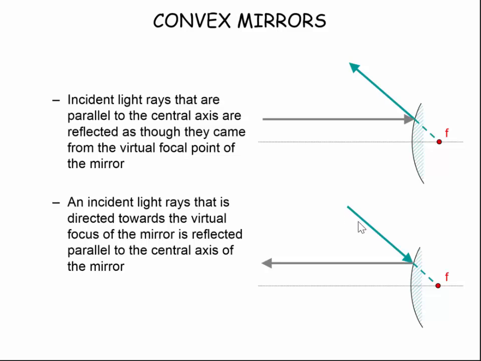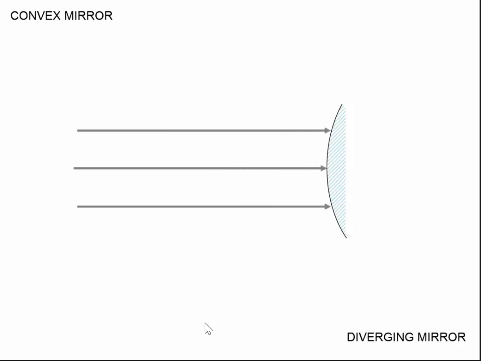Conversely, if your ray is heading towards your virtual focus, then it reflects parallel to the central axis. A convex mirror is also known as a diverging mirror. So if you get rays which come in parallel, they reflect as though they were coming from the focal point behind the mirror.